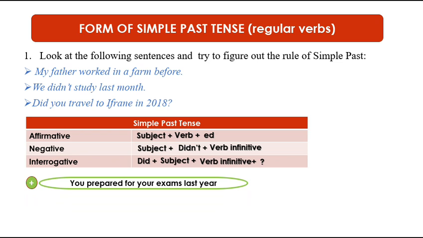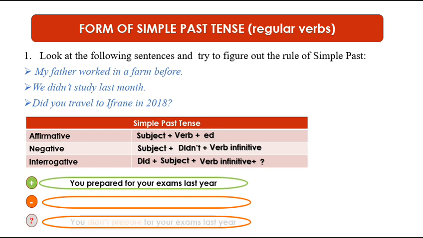Yes, in the negative form, we are going to put subject, we have you in this sentence, plus didn't, which is not mentioned in the affirmative sentence, plus verb not conjugated. Yes, so we may have something like you didn't prepare for your exams last year. Yes, you subject, didn't, and prepare for your exams last year.